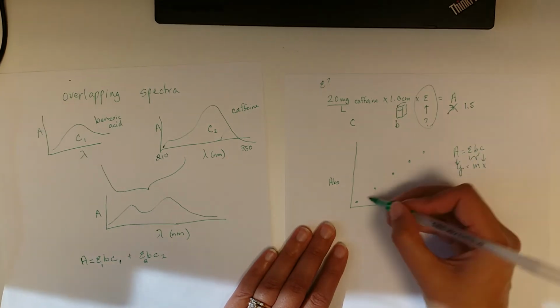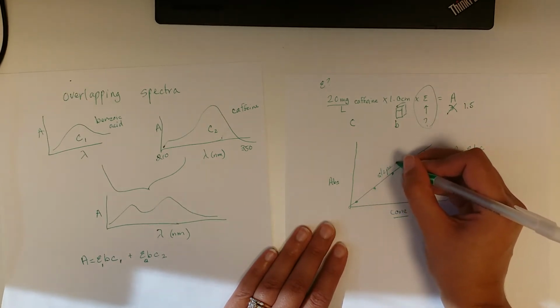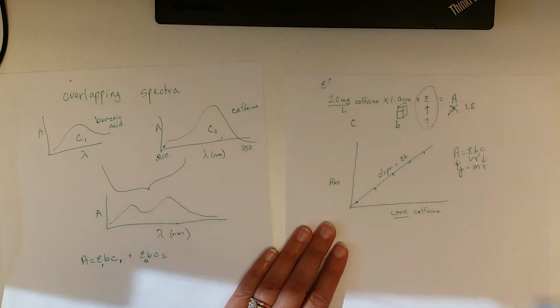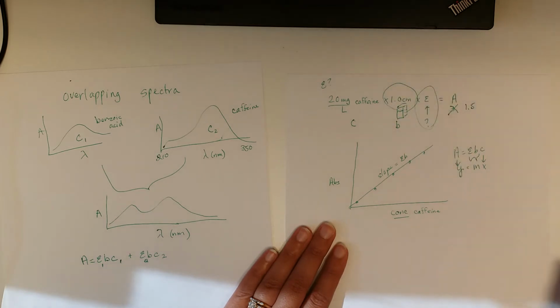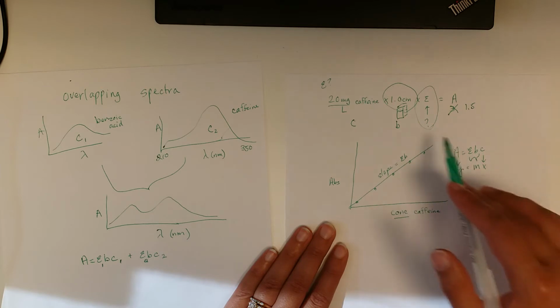The slope of this trend line is m, and that is your absorptivity times your path length. The cuvettes that you guys used were 1 centimeter path length, so you're able to get epsilon from your calibration curve.